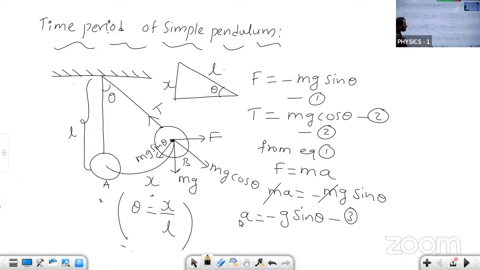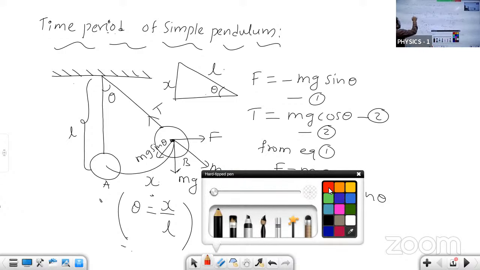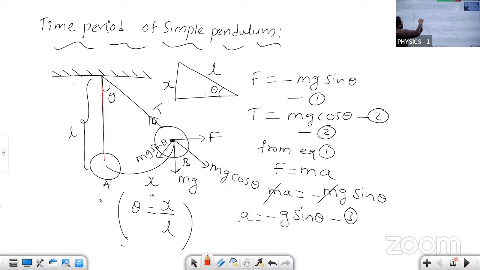Here we are applying the mathematical condition. Generally sin theta goes like this. Just imagine, one minute. See, treat this as a right angle triangle.